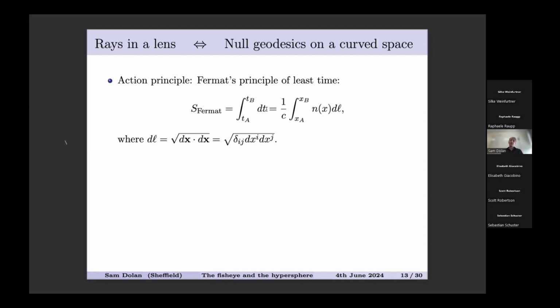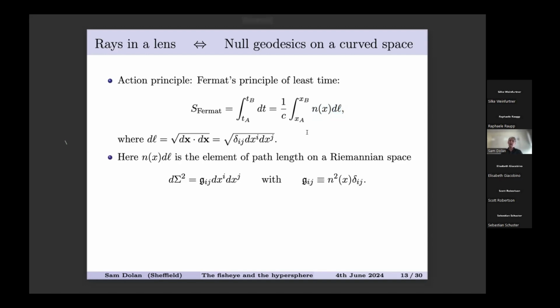And in our optical medium, we have a varying refractive index, and that's the speed in the medium divided by the speed of light. Okay, so we can now rewrite this involving a refractive index and an element of length here. And then we can make a reinterpretation that this element here is in fact the element of length on a curved space-time, so a Riemannian space.